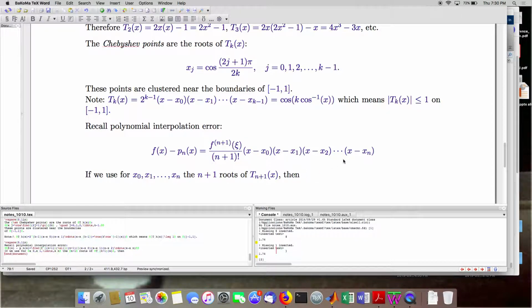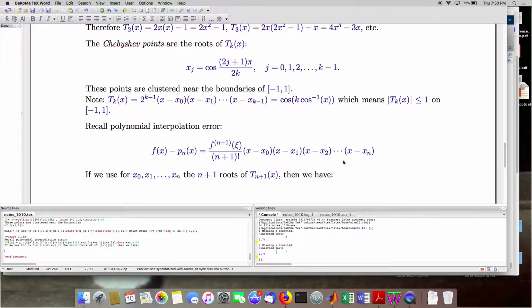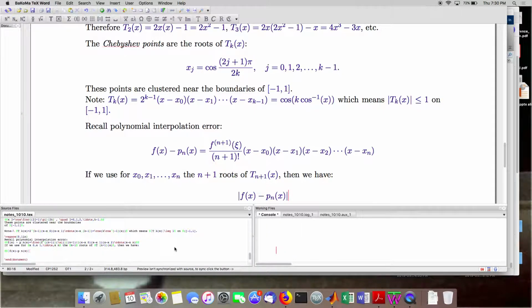Then we have the following. The absolute value of f of x minus p_n of x is less than or equal to the same fraction as before.